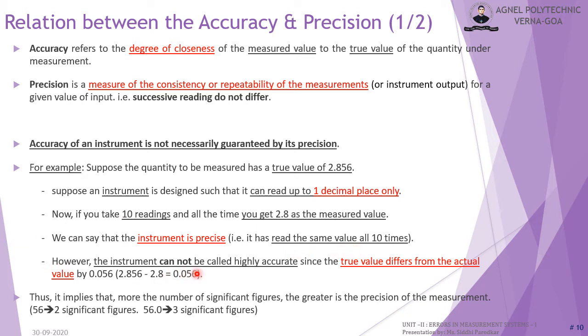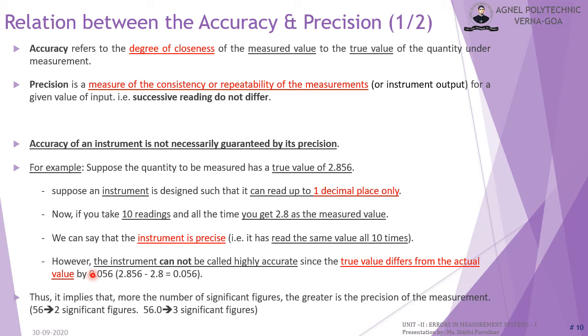But the instrument cannot be called highly accurate since there is a difference between the true reading, which was 2.856, and the measured value, that is 2.8, which is equal to 0.056. So this is an error present in the system. Thus, the system is not highly accurate.